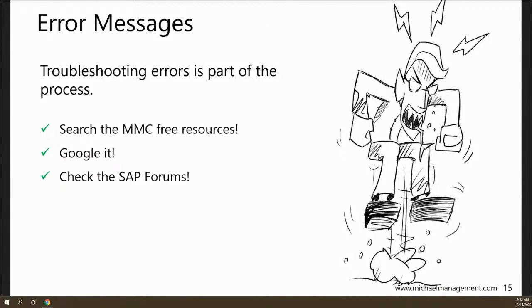So we have a free error code lookup tool on our website that I think is very useful for anybody who has SAP access. I know I use it all the time. And if you don't feel like you got enough information or you don't understand how to resolve your error, you can always Google it or check the SAP forums for more support to get those errors resolved.